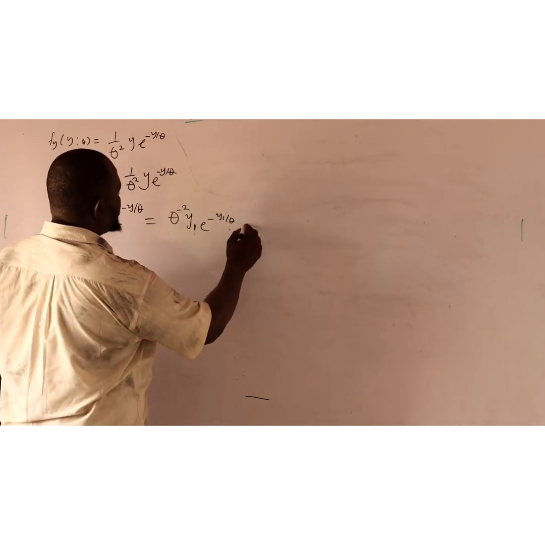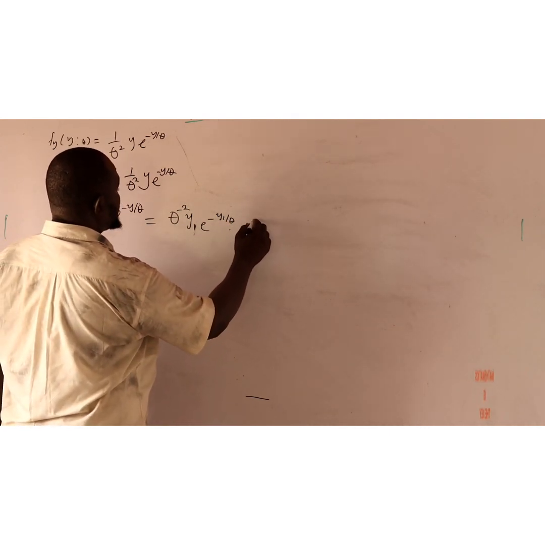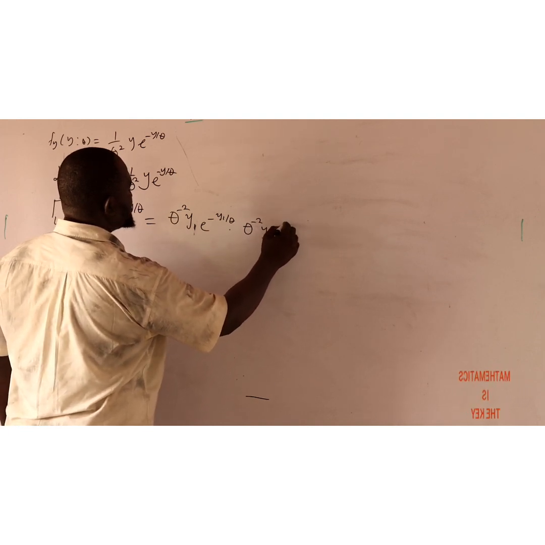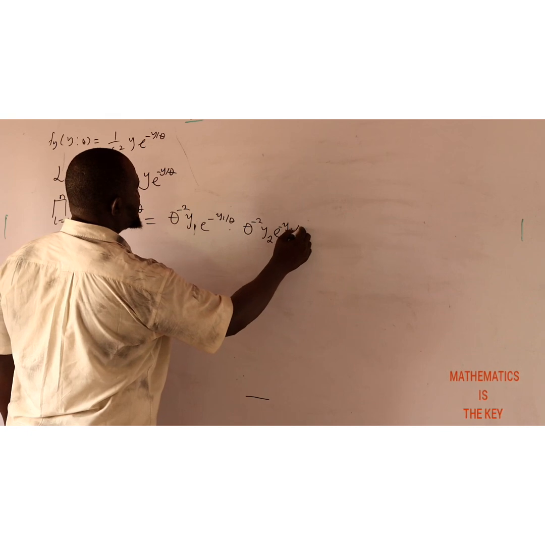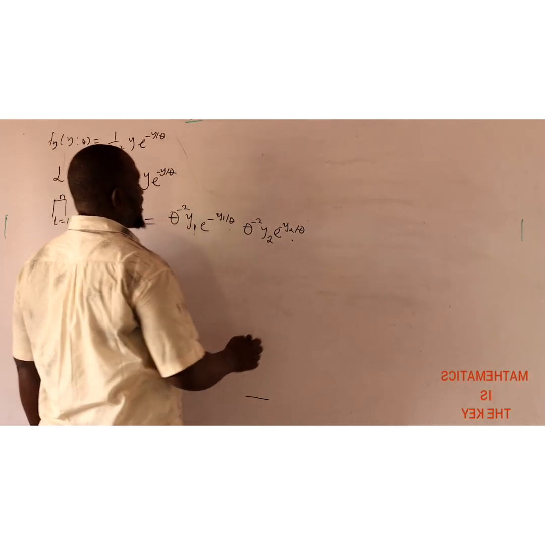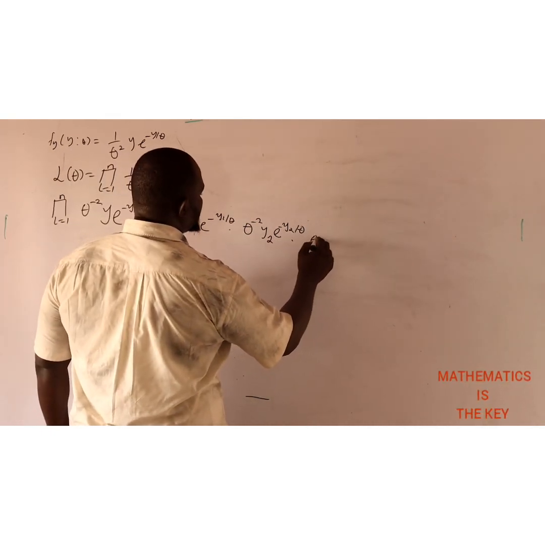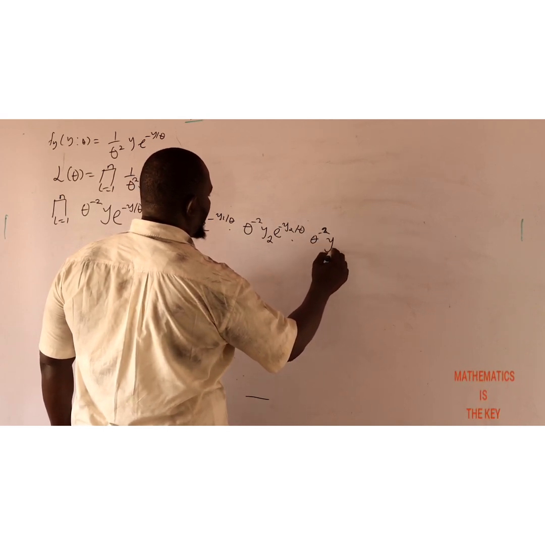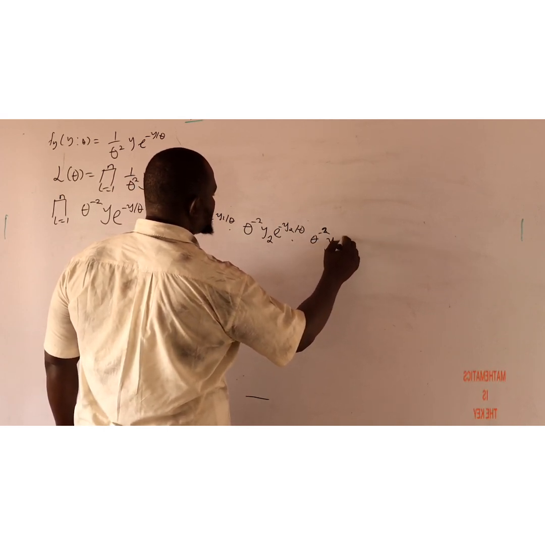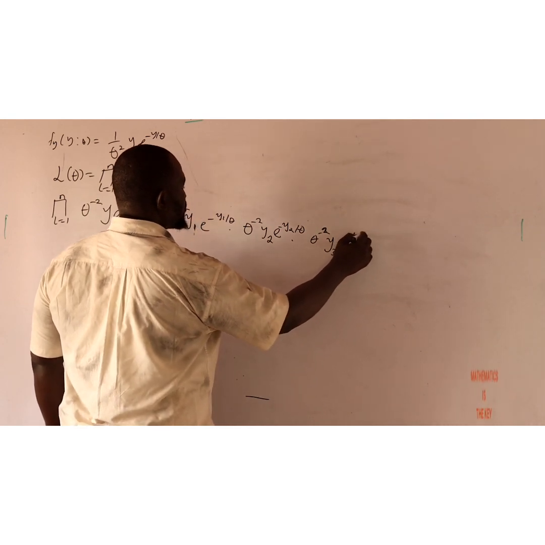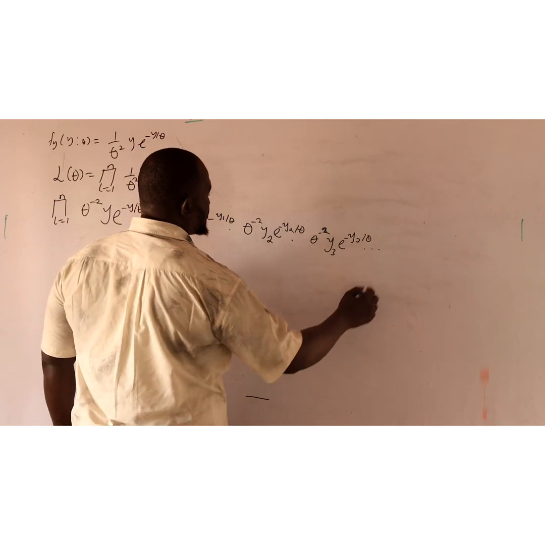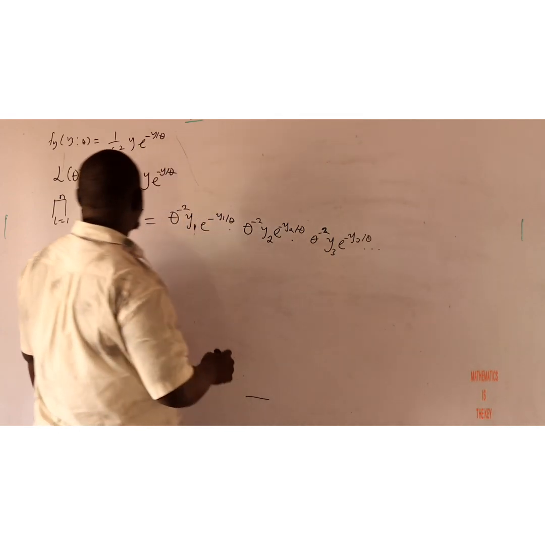At the second point, theta to the power of minus 2, y2 exponential of minus y2 over theta. At the third point, theta to the power of minus 2, y3 exponential of minus y3 over theta. It goes on up to the last value.